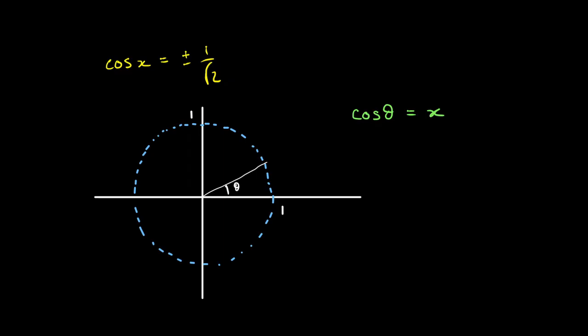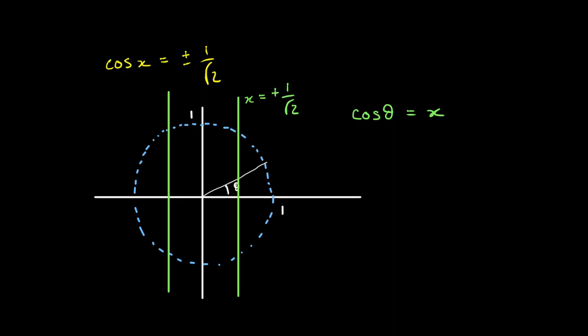So I'm going to draw this line here. That's the line x is equal to positive 1 upon root 2. And this is the line here, x is equal to negative 1 upon root 2.